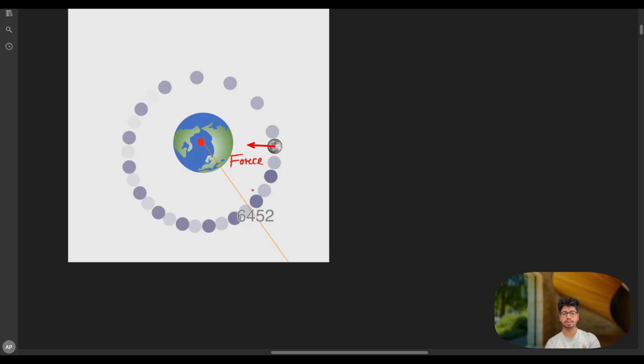Now look at the force of gravity, acting toward the center of the earth, and this is the displacement, the direction of motion. What is the angle between them?